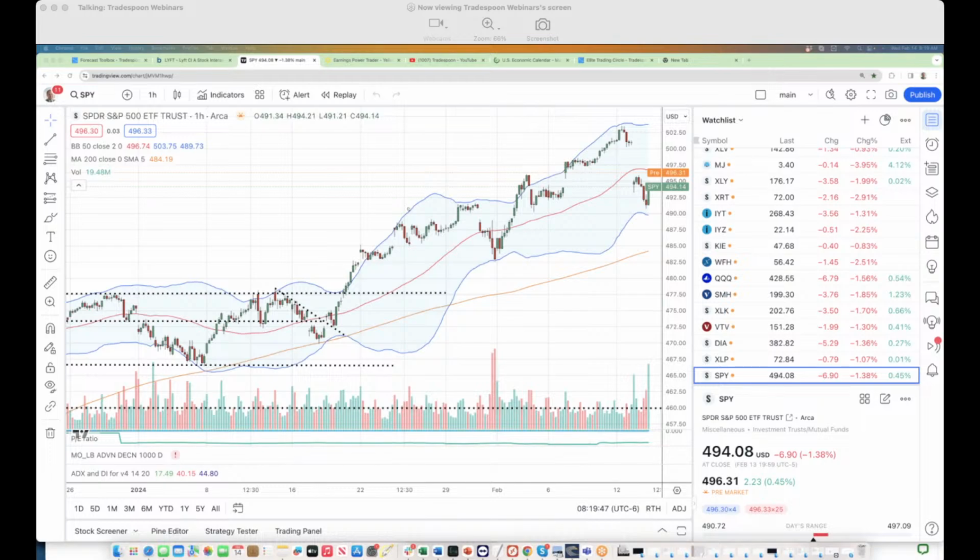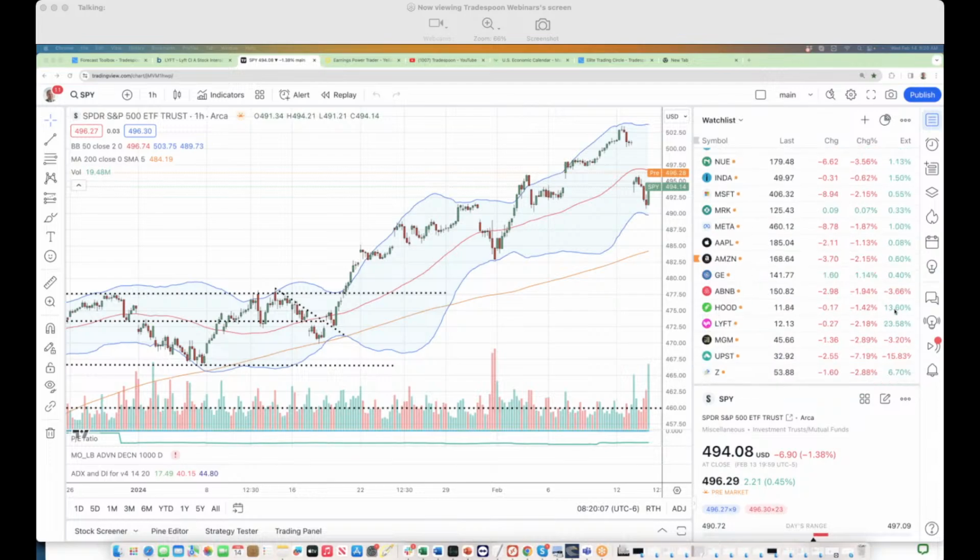Robinhood up 10% pre-market. Up 13% pre-market, Lyft up 23% pre-market. Upstart down 15%.